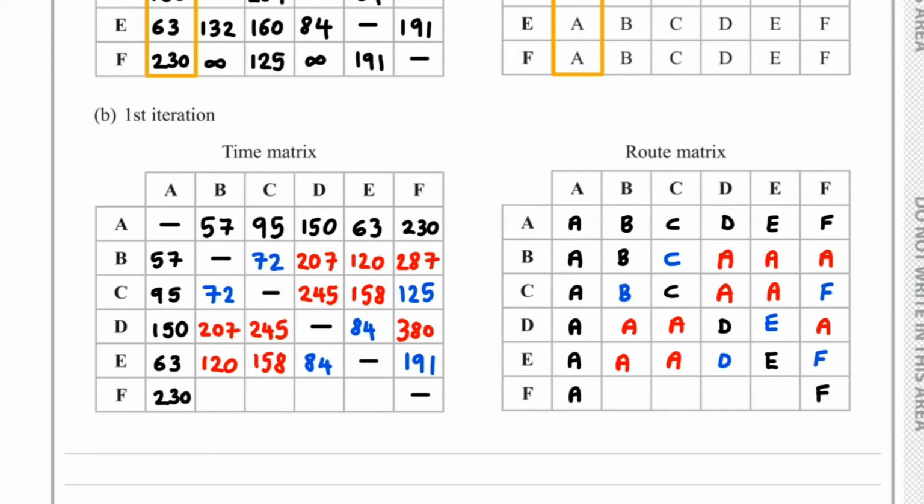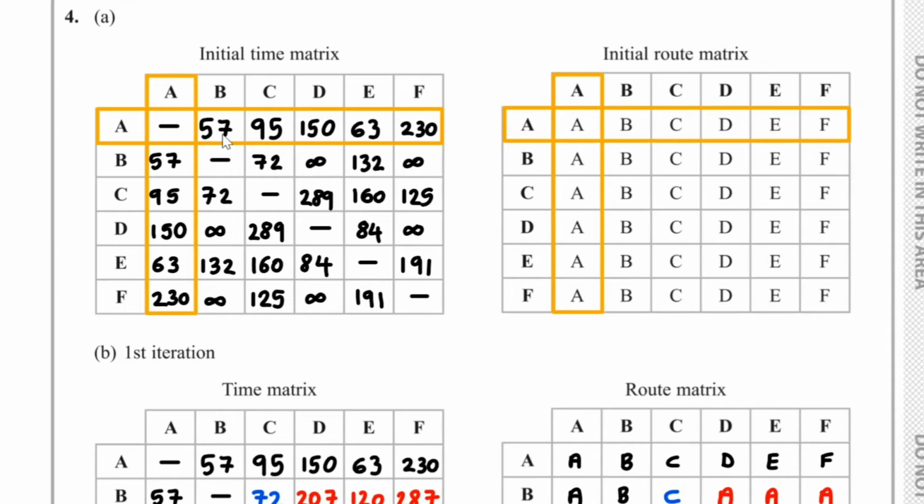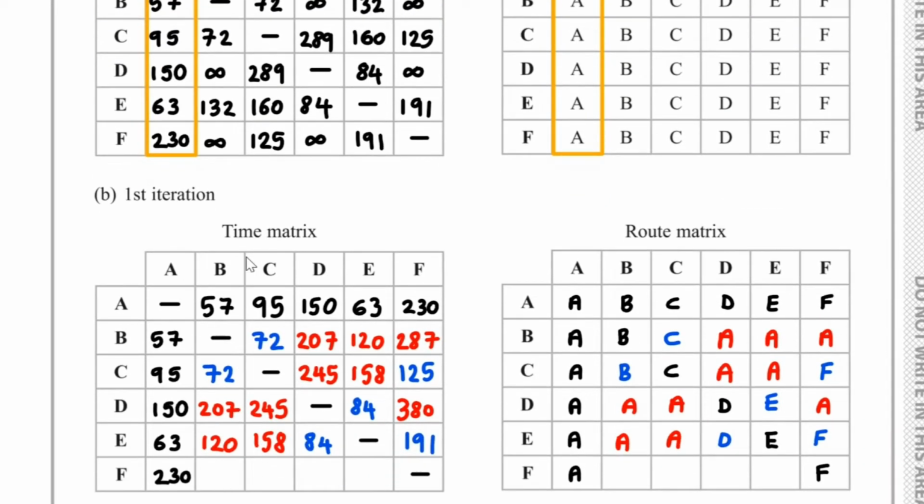Now here we compare infinity with the sum of 230 and 57. 230 plus 57 is smaller than infinity, so here we have 230 plus 57, which is 287.